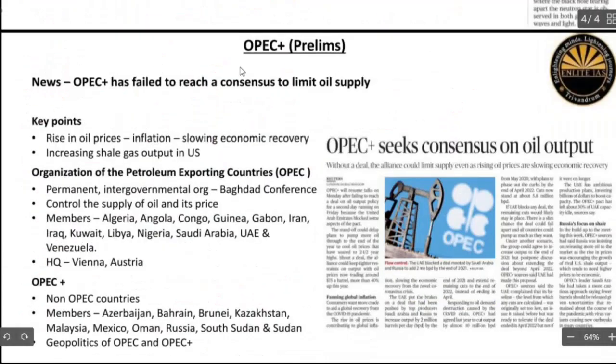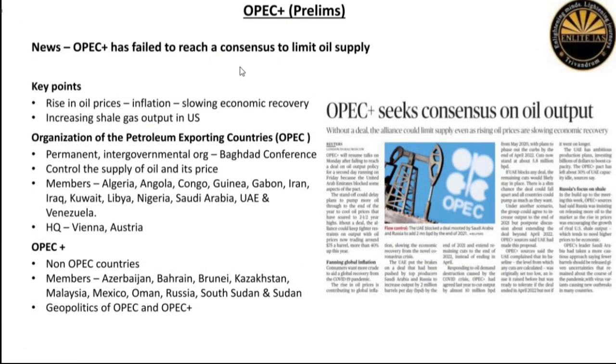Okay, moving on. The next topic concerns OPEC and OPEC Plus. It was in news because OPEC and OPEC Plus have so far failed to reach a consensus regarding the quantum of oil output that needs to be produced for the global economy. What are the key points in this article?